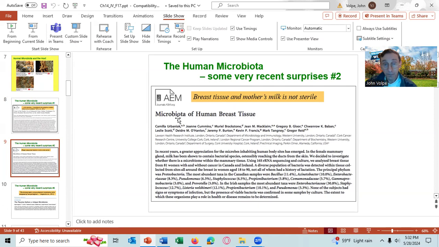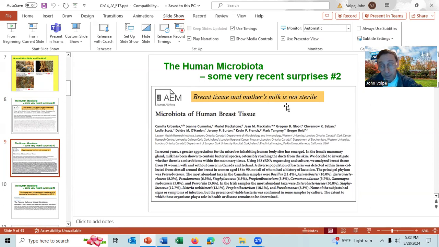That actually is fairly important for a baby, because when the baby first starts nursing, obviously he will get the normal microbiota from the outside of the nipple, but he's also getting the normal microbiota that the mother puts in the mother's milk.